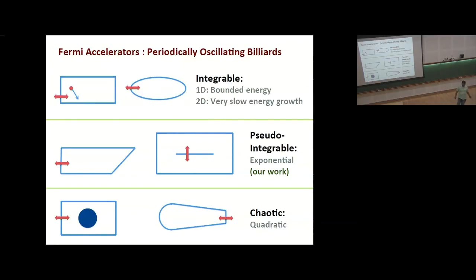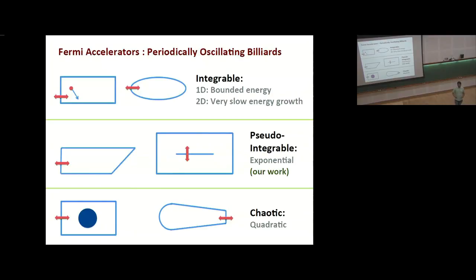In 2010, when I went to Weizmann in Israel, I started studying these pseudo-integrable systems, or polygons, and what we found very interestingly is that they have exponential energy growth. As far as I know, this is the first demonstration of exponential energy growth in a dynamical system. One may think that if a system is chaotic, it should be more random and lead to more energy growth.